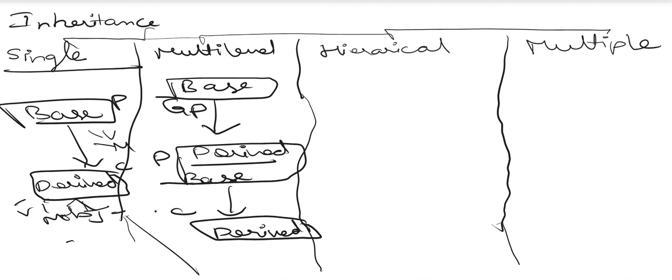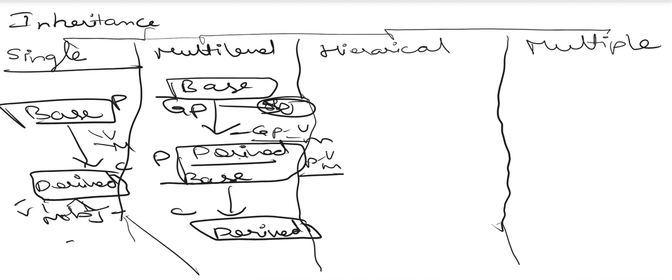If we create an object for the grandparent, we can only access the grandparent variables and methods. We cannot access the other two. If we create an object for the derived parent class, we can access the grandparent variables and methods and also the parent's, because it is derived from the grandparent.